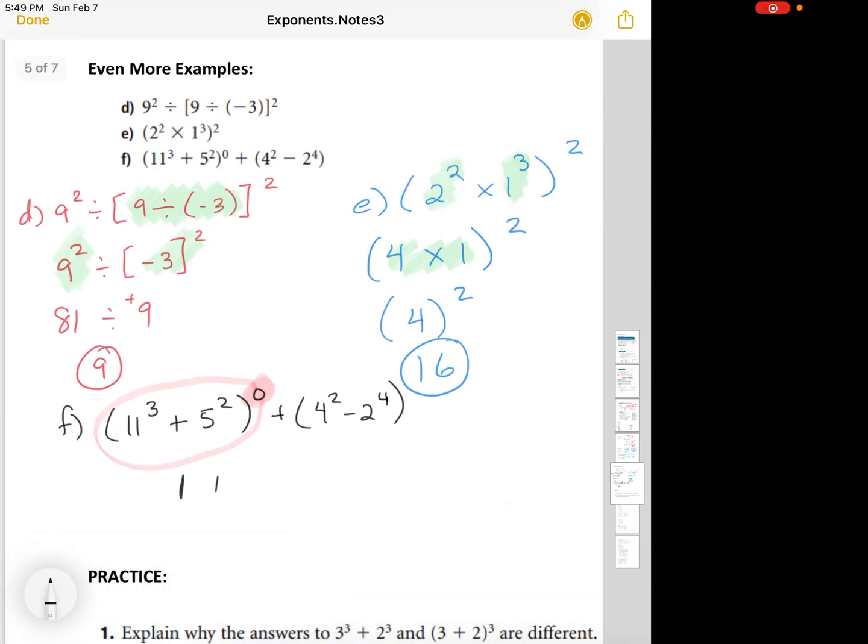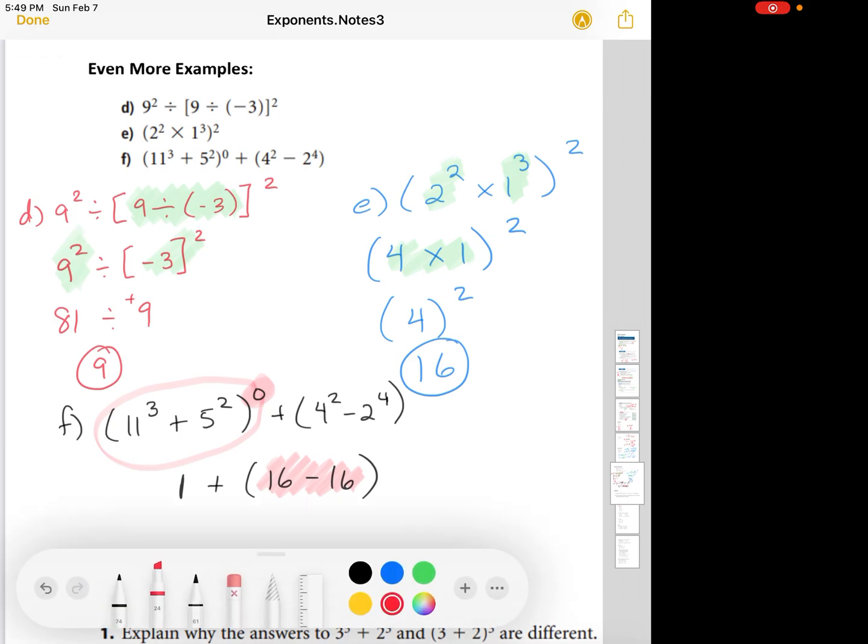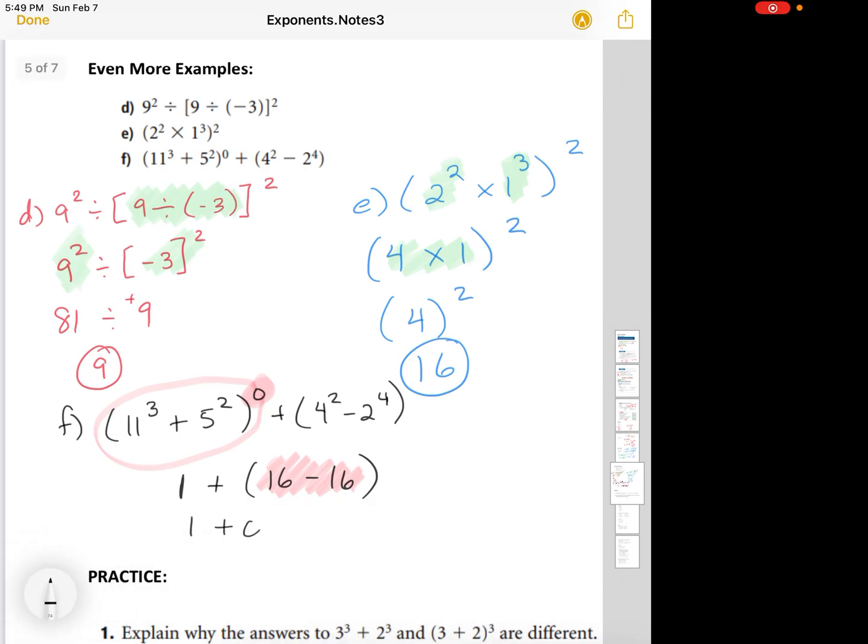So that whole thing equals 1. In the other bracket, I have 4 squared, which is 16, minus 2 to the 4, which is also 16. Now, when I solve this, 16 minus 16 equals 0. So it's 1 plus 0 equals 1.